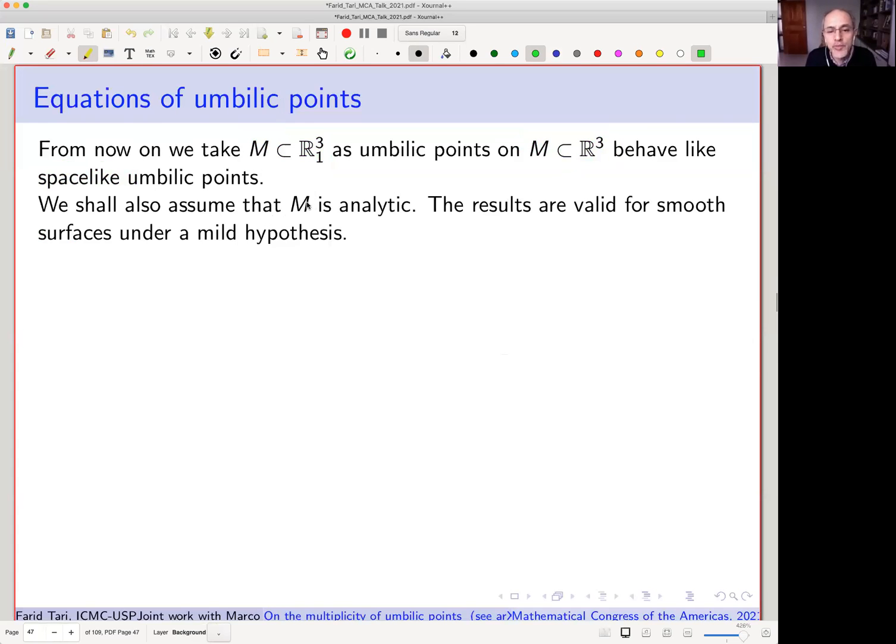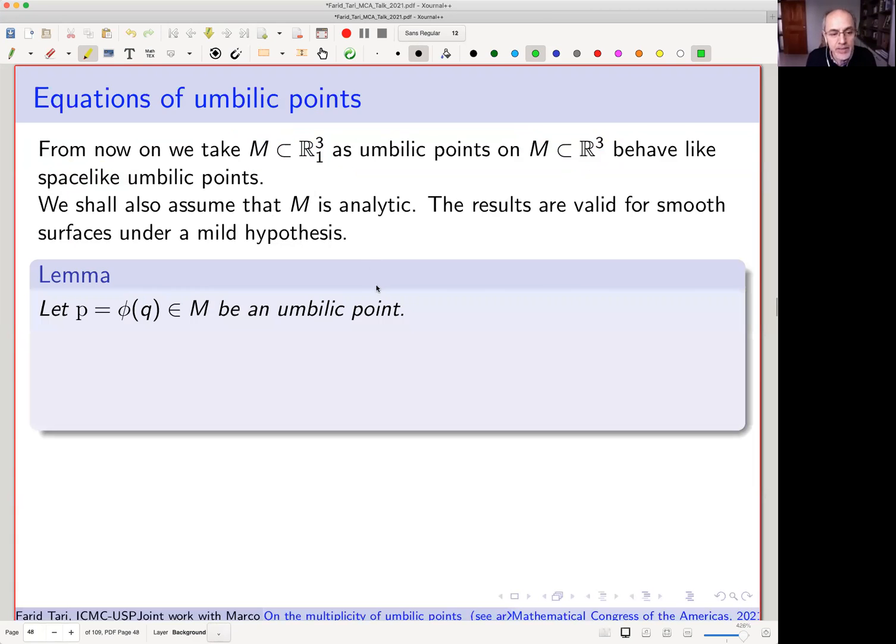We also assume that our surface is analytic. For simplification, the results are valid for smooth surfaces, but I need to put some hypothesis. So let's start with this elementary lemma.